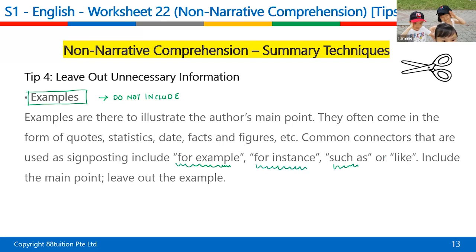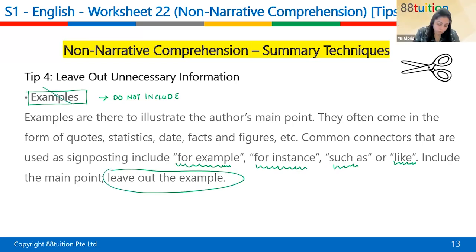Include the main point, leave out the example. So do not include examples. For example, there are many kinds of tree species in this Amazon rainforest, such as, and they give you 10 different species. You do not need to include them.